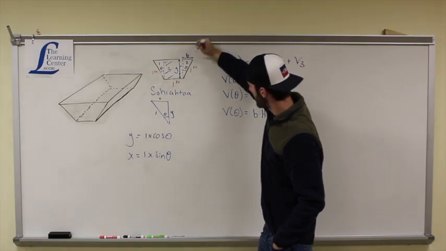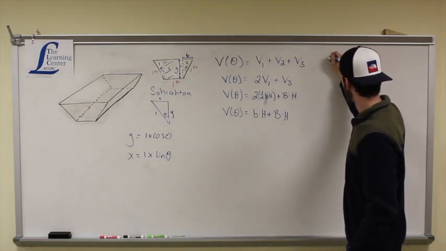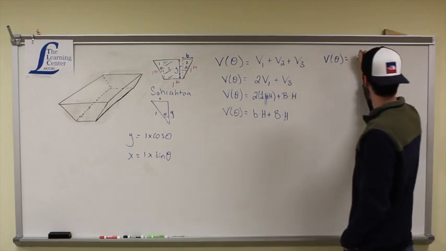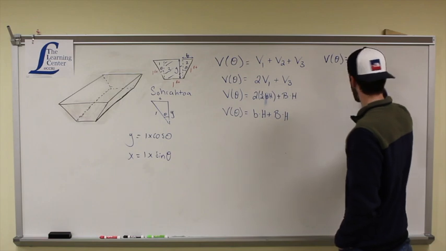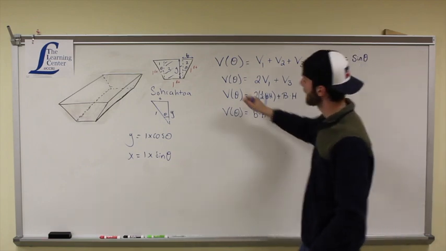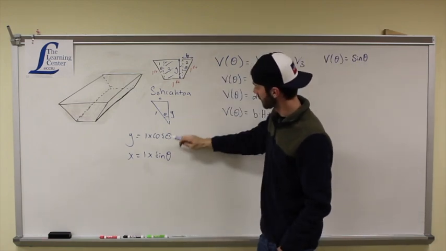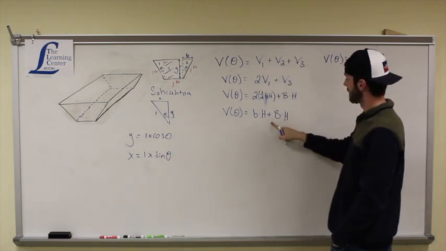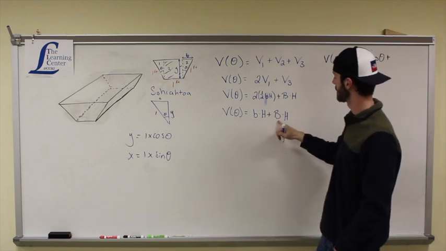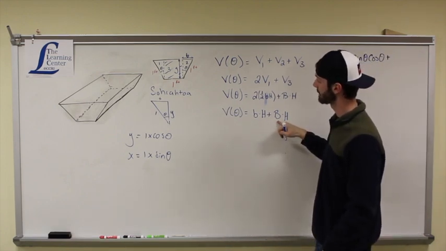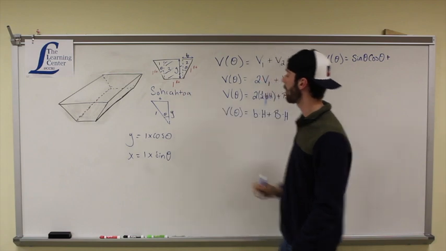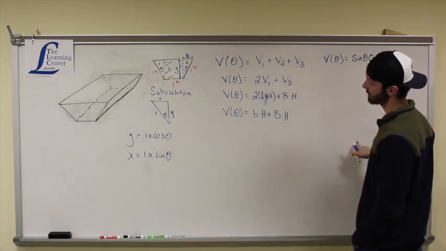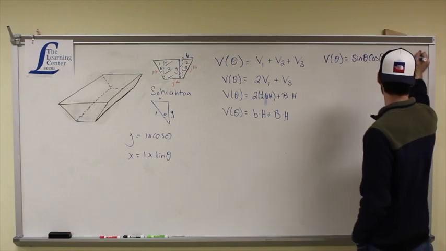Now we're going to find little b, and we know that little b is just this distance right here. So V as a function of theta is equal to little b, which is sine theta, times big H, and big H is from here to there, which is just y, which is cosine theta, plus big B, which is this dimension right here, 1, times H, which we said was y, and that's cosine theta.